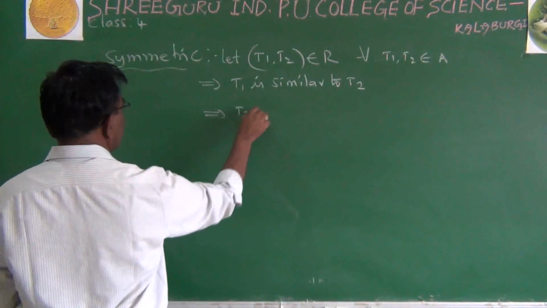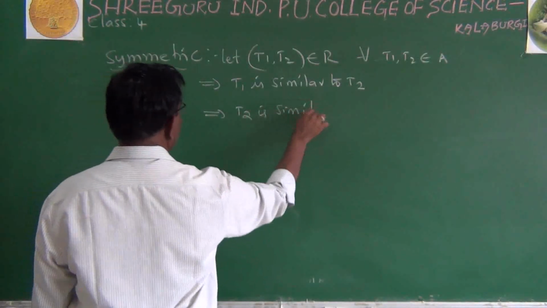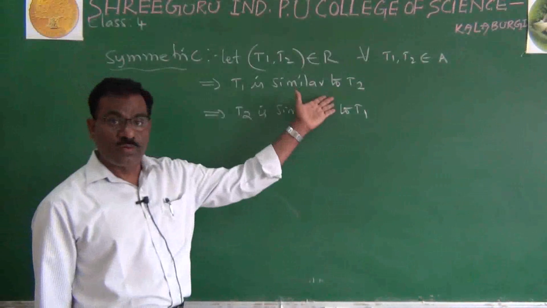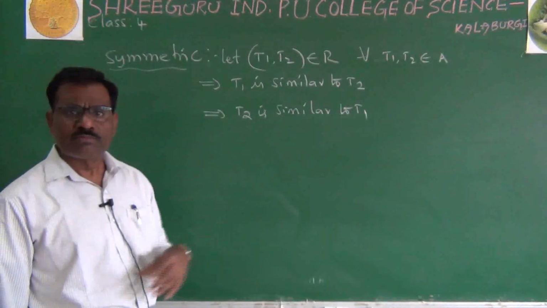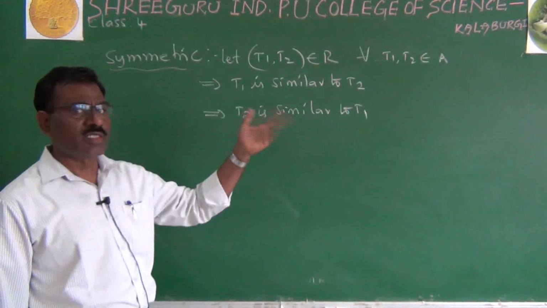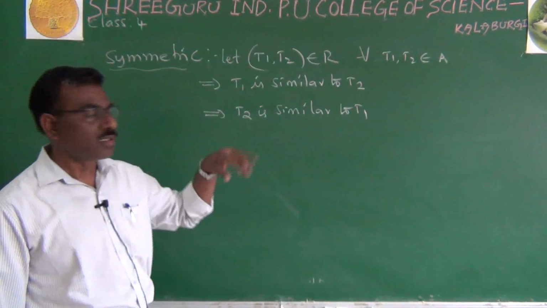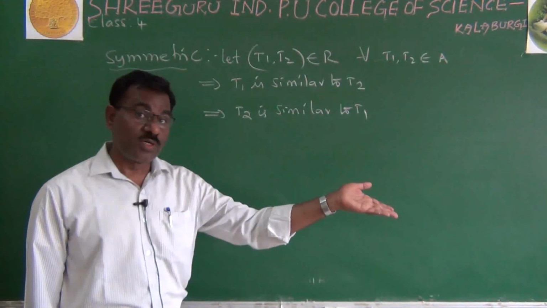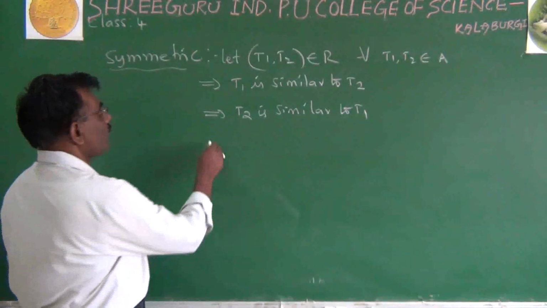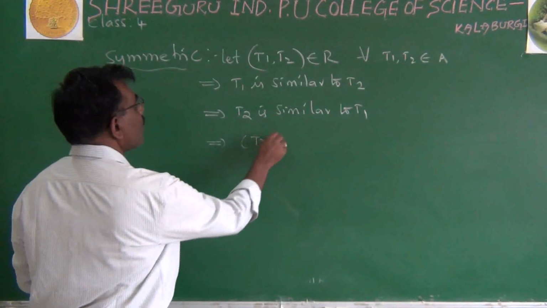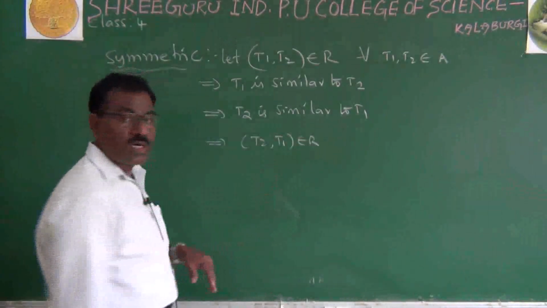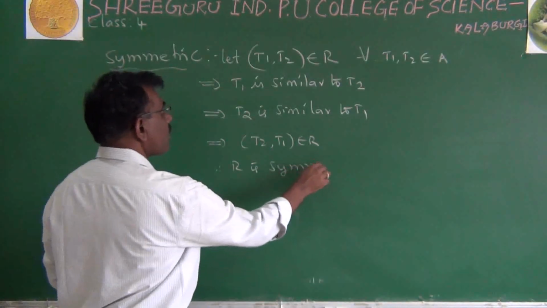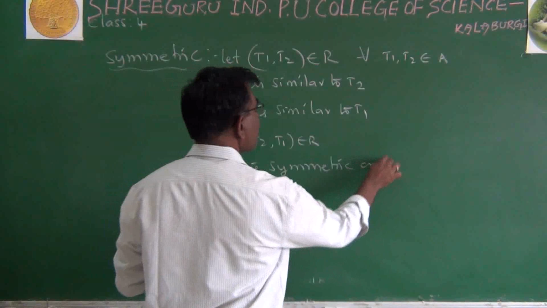It implies T2 is similar to T1. So corresponding sides are proportional. That is what similar means. T1 is similar to T2, T2 is similar to T1. It implies T2 comma T1 belongs to R. Therefore, R is symmetric on A.